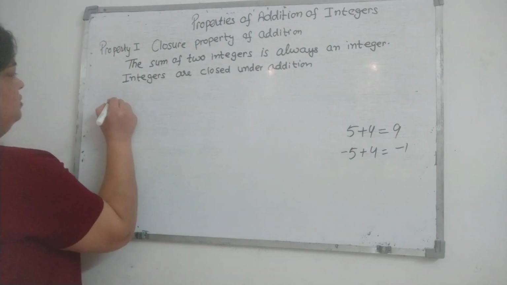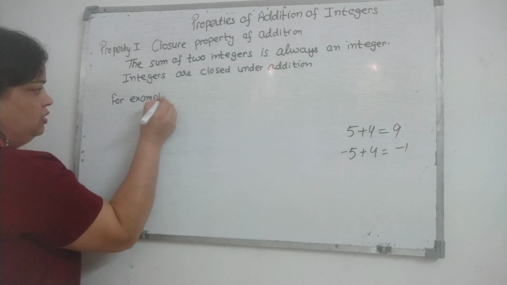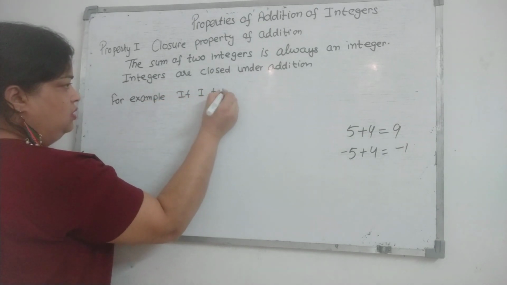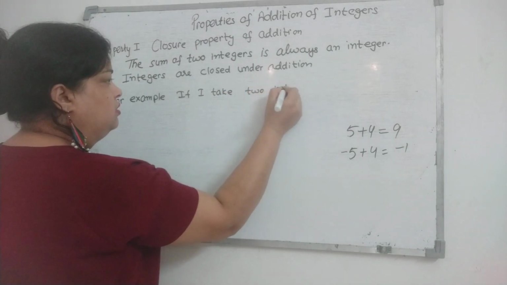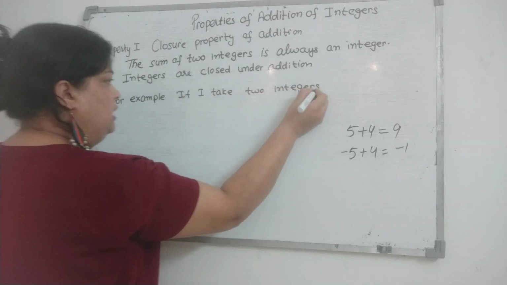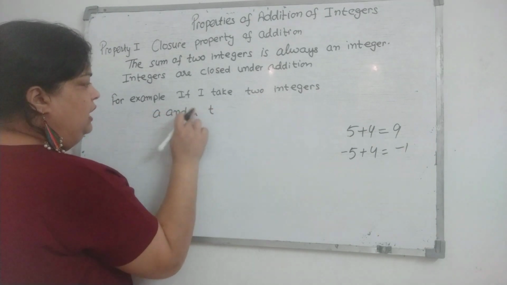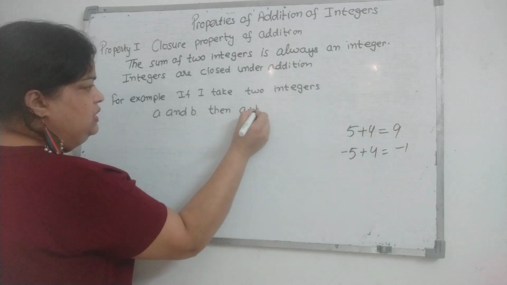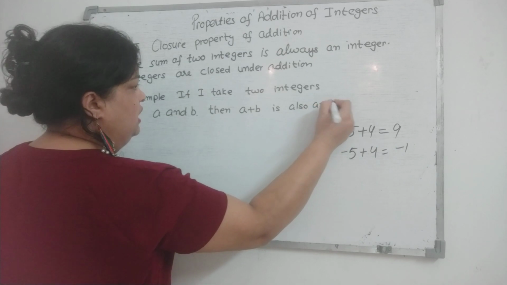For example, if I take two integers a and b, then their sum a plus b is also an integer.